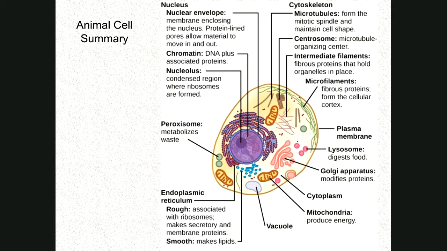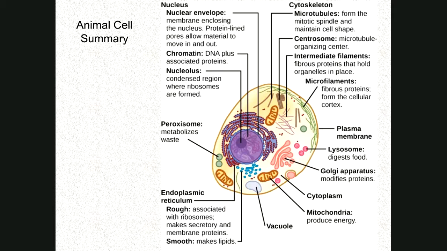We have the microtubules that maintain the cell shape and make the mitotic spindles that will separate the chromosomes during cell division. We have the centrosome that is made of a pair of centrioles, and a centriole is actually made by microtubules with an arrangement of 9 multiplied by 3.